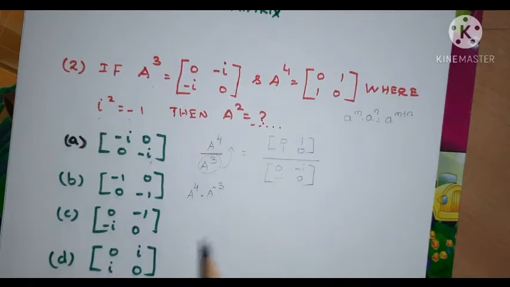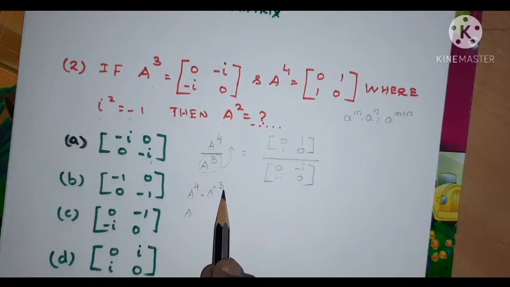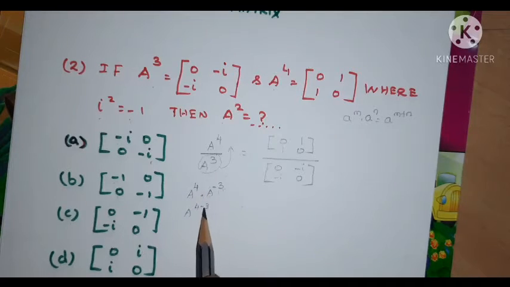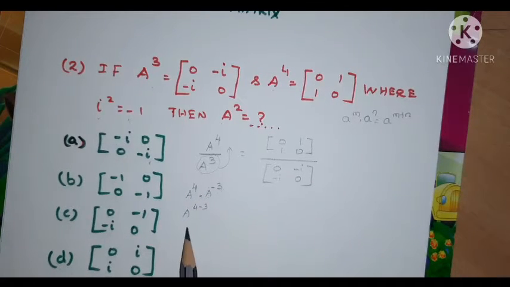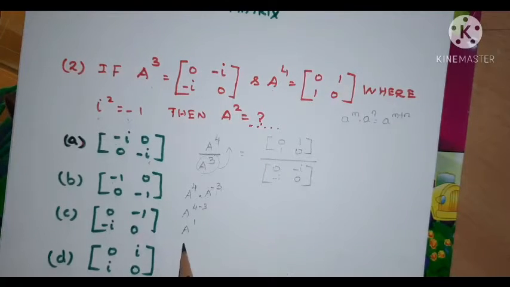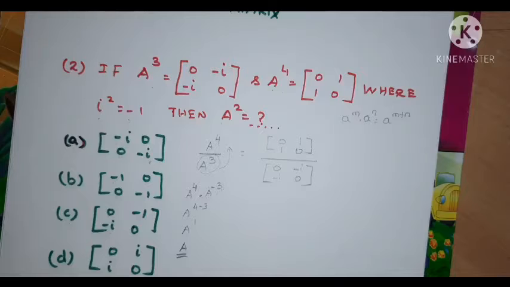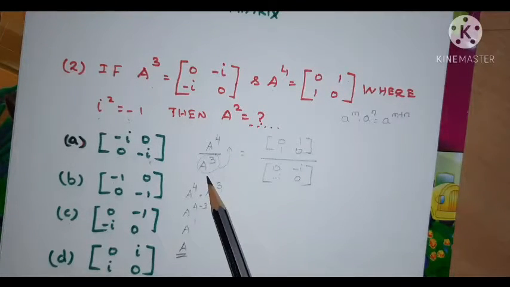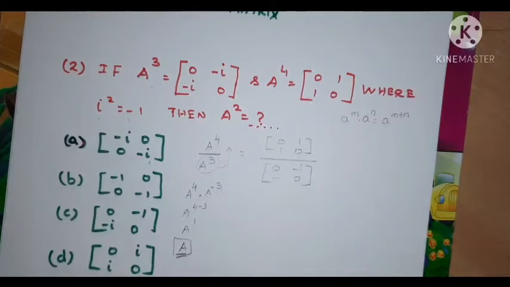So A power 4 into A power minus 3 gives A power 4 minus 3. So we get A power 1, and A power 1 can be written as A. That's what we have done. We are dividing A power 4 by A power 3 to find out A.